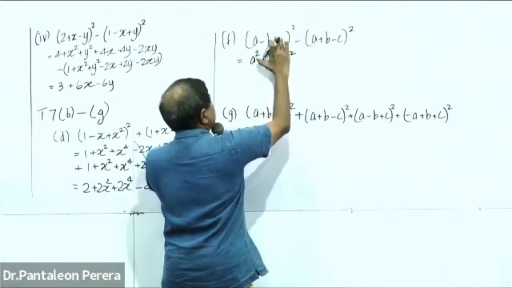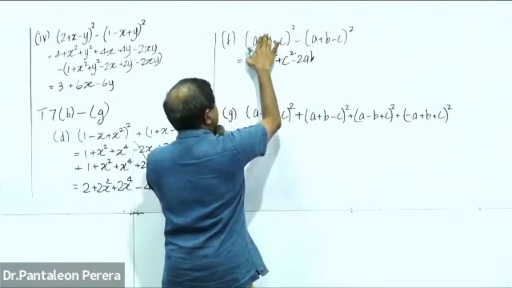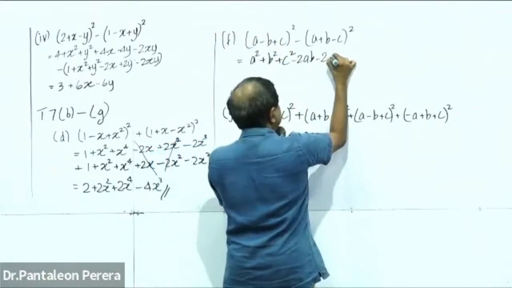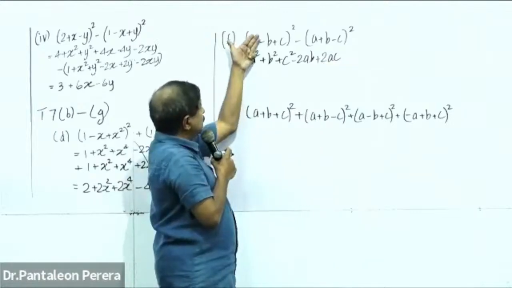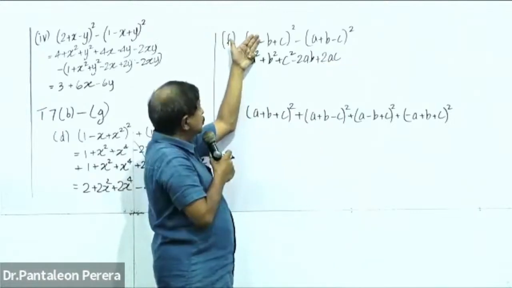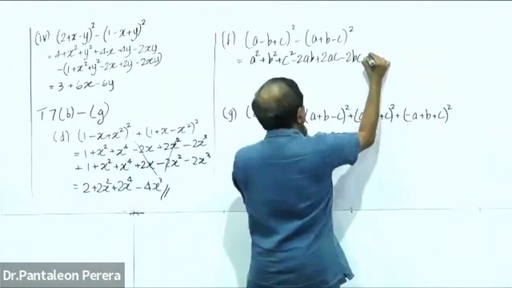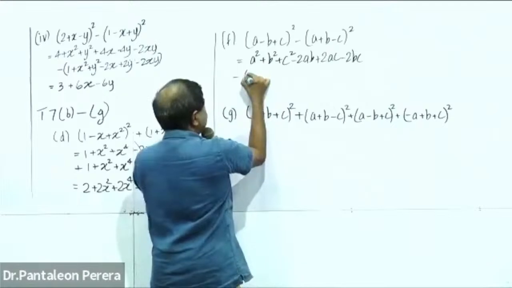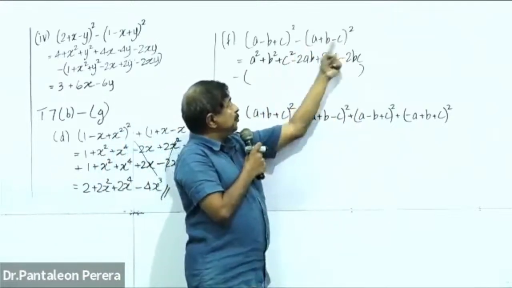Then close C. You have minus 2AB. Close minus B. You have 2AC plus. Then close A. You have minus 2BC. Minus. So keep the negative sign as it is and expand the bracket.